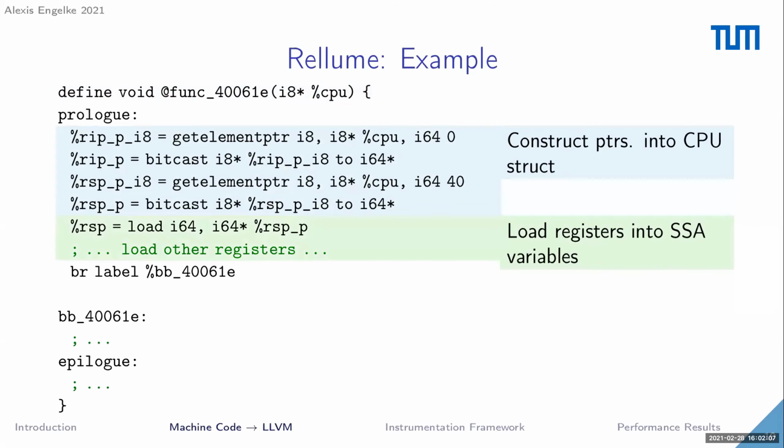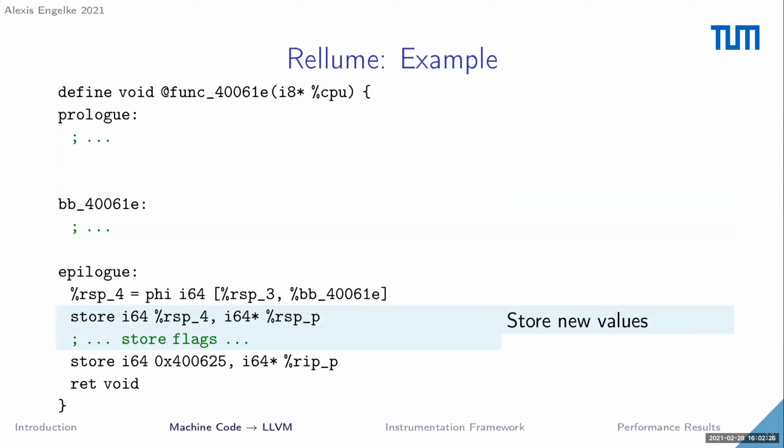And then we load all the registers into SSA variables, which are then propagated throughout our lifted code, with many phi nodes for more complex code. And these are only written back in the epilogue, right before the function returns, where these values are written back into memory, and also the new program counter is written back.